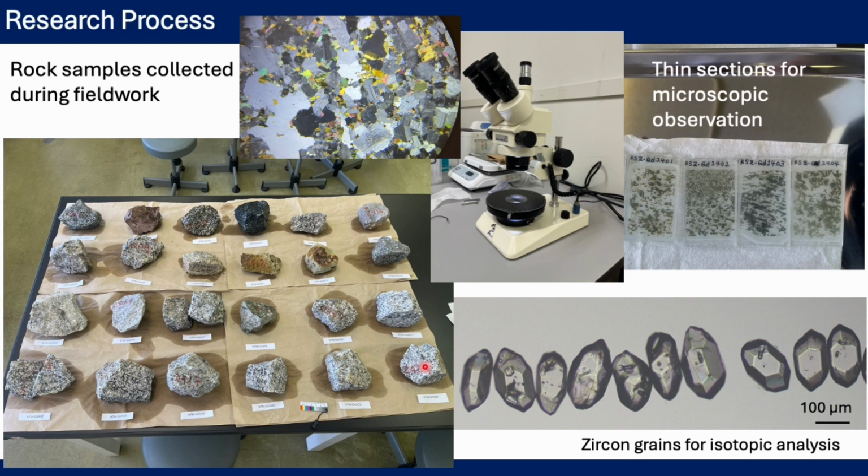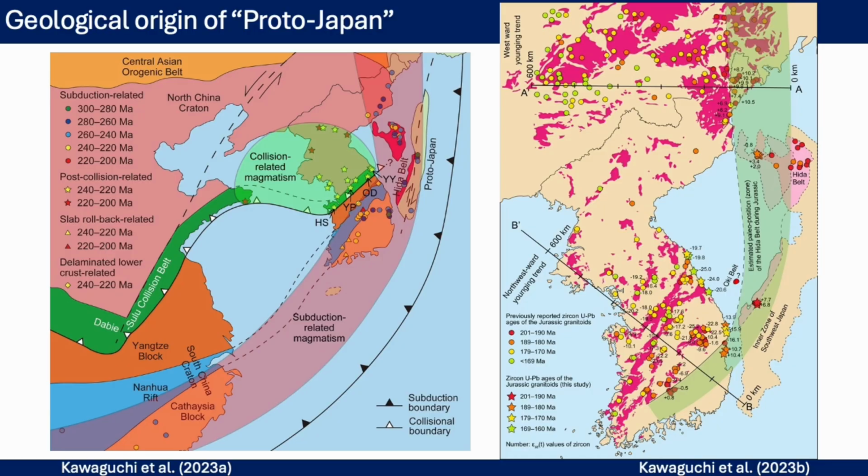By combining these different methods, we can investigate the origin and geological history of the rock. By combining fieldwork, microscopic observation, and chemical and isotopic analysis, we have proposed possible origins and paleopositions of Proto-Japan relative to the Asian continent. However, many aspects of the geological history of the Japanese islands remain unknown.